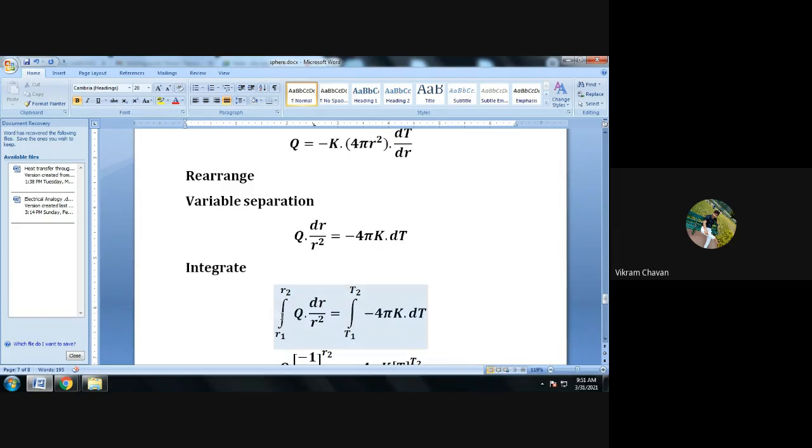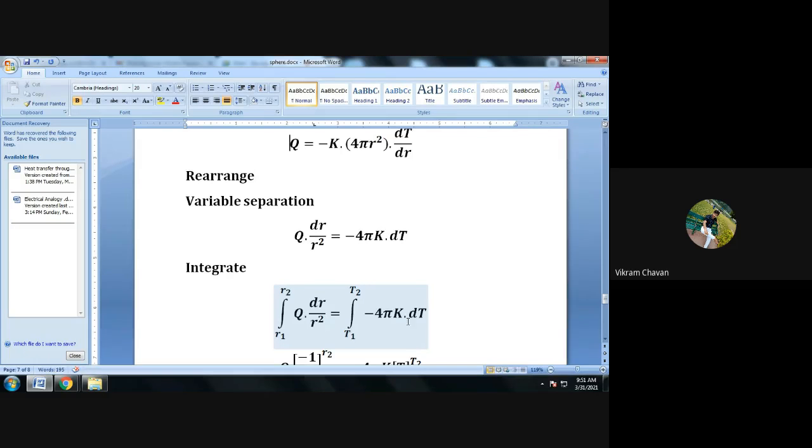So apply the limits and integrate: integration from r1 to r2 of Q multiplied by dr divided by r square is equal to integration from T1 to T2 of minus 4 pi K multiplied by dT.